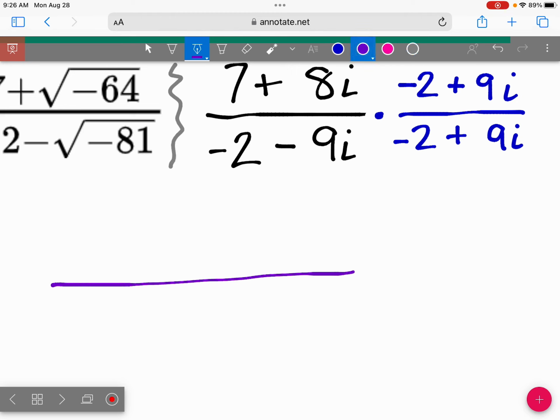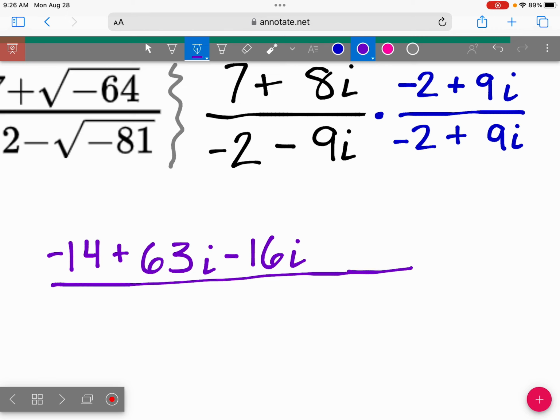So let's multiply it out. 7 times negative 2 gives us negative 14. 7 times 9i gives us what? 8i times negative 2 gives us minus 16i.